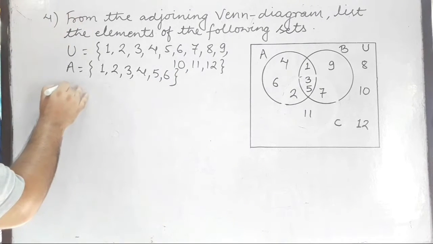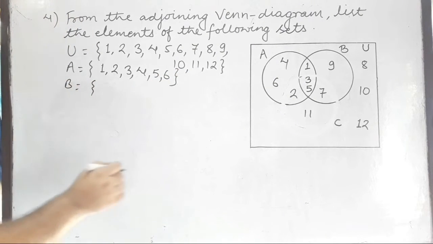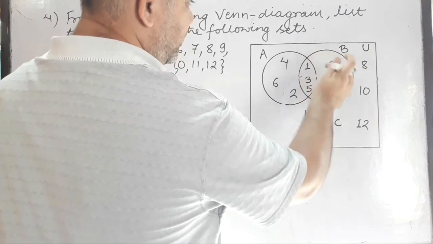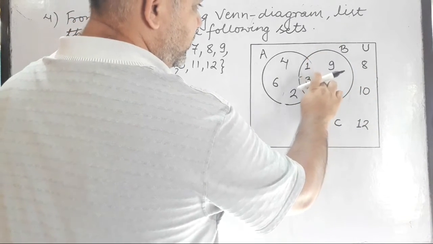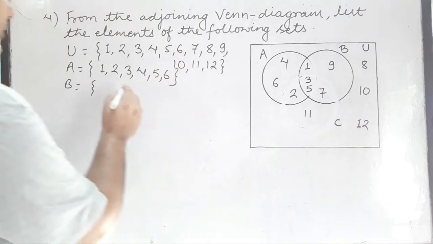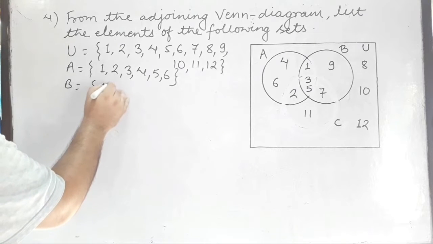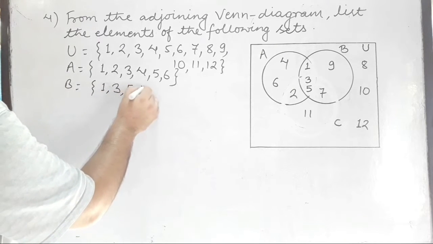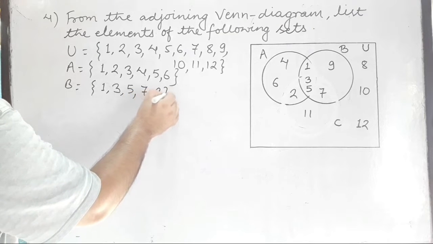Now the elements of set B. See inside the set B: 1, 3, 5, 7 and 9.